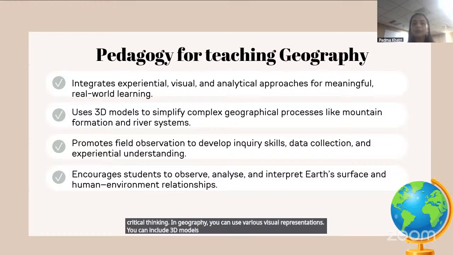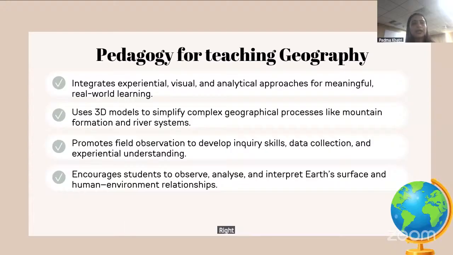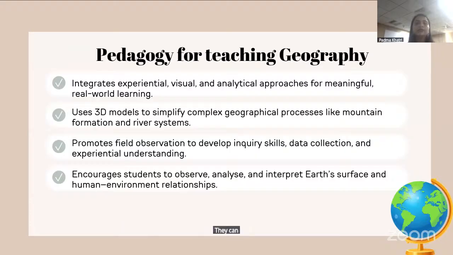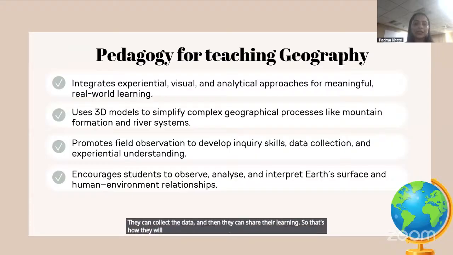You can include maps, right, to simplify the learning of complex geographical processes like mountain formation or the river system. Then you can also promote field observations, so the students can visit a place, inquire, collect the data, and then share their learning. So that's how they will be engaged and they will become active participants of their teaching learning process.